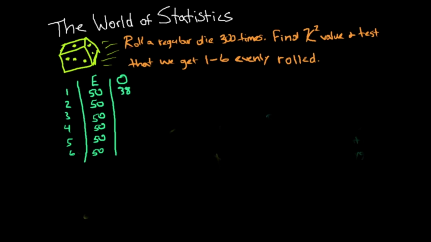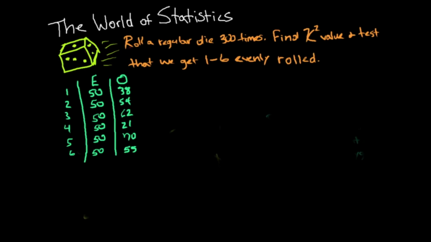What we actually observed to happen was the following. We had 38 here, we had 54, 62, 21, 70, and 55. So this is actually what we ended up observing.